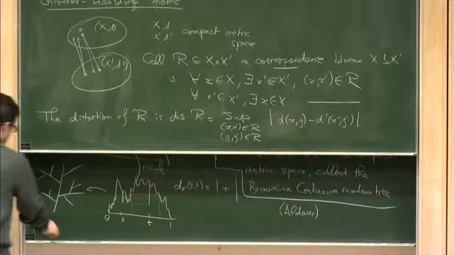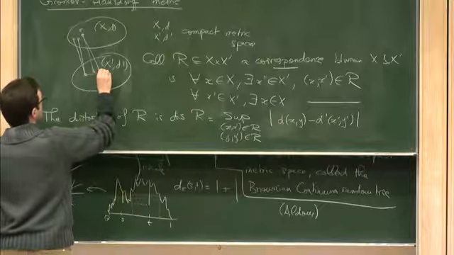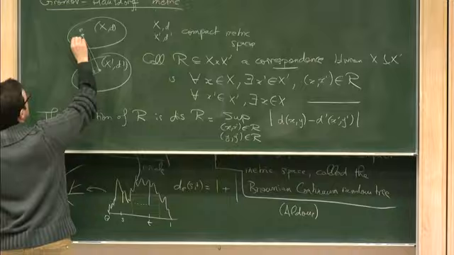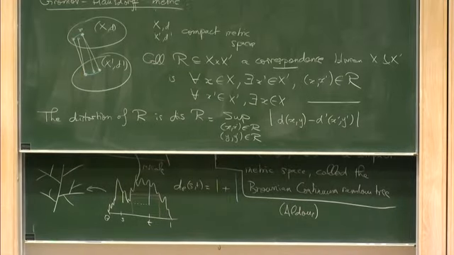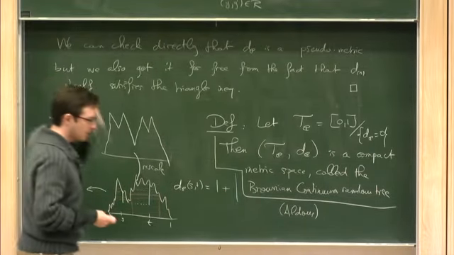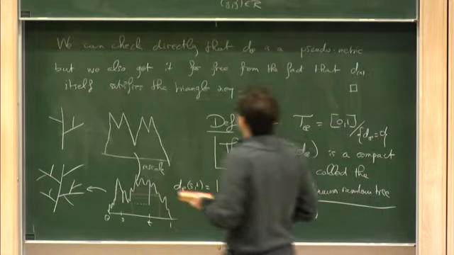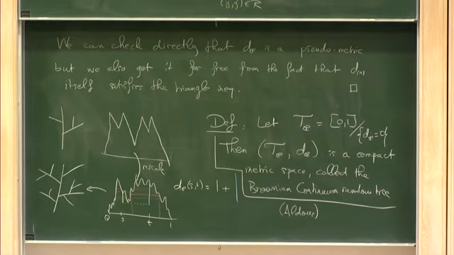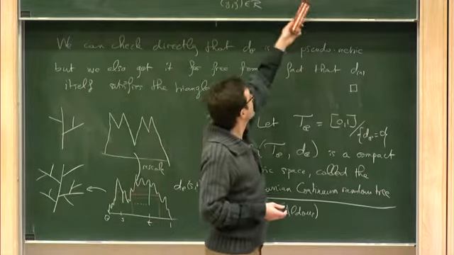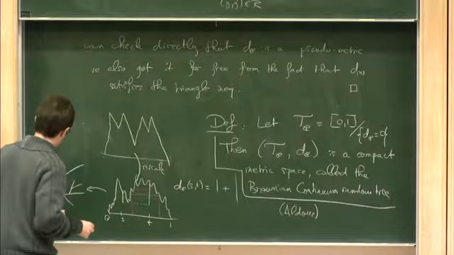So it means that you compare, if you like, the distances between these pairs of points with their analogues upstairs. Now you will see that somehow the distortion of R will be small when distances in X look very much like the distances in X', at least with respect to this way of pairing the points together.